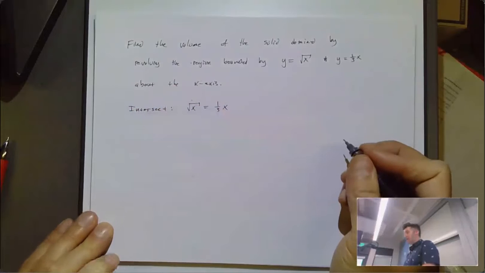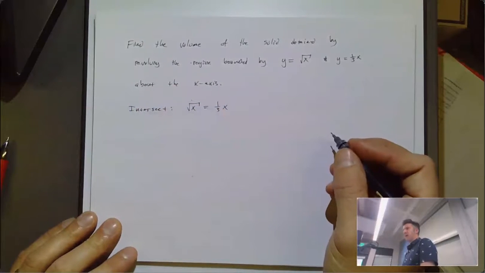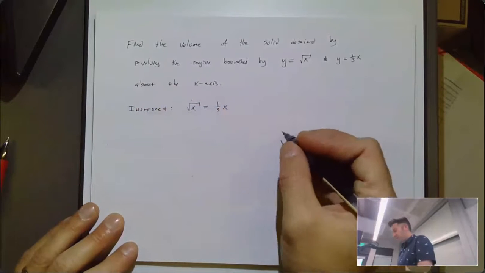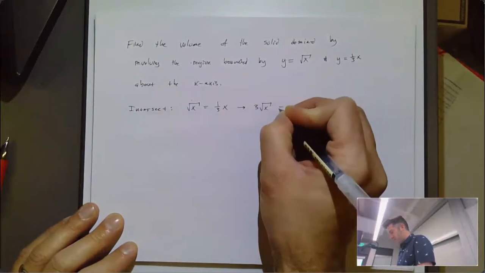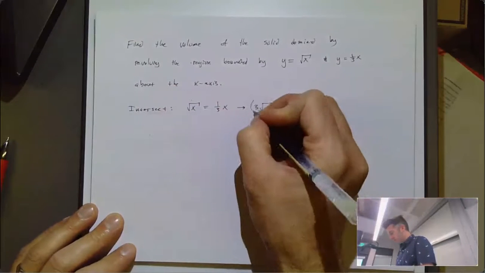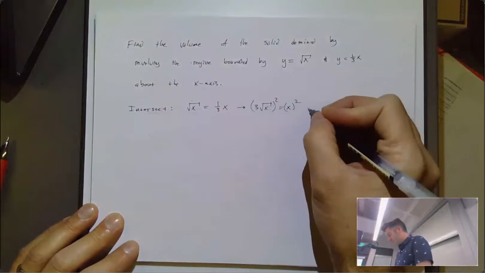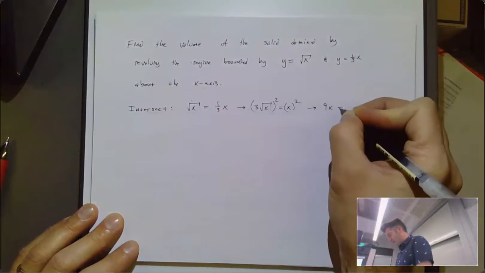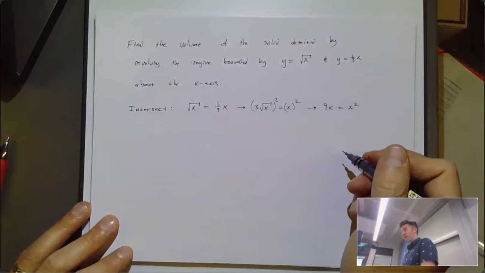Before I square both sides, I totally could square both sides right now, but I'd rather not deal with fractions. So I'm going to multiply both sides by 3 and then square both sides, so that I get 9x equal to x squared. And now I really shouldn't divide by x.